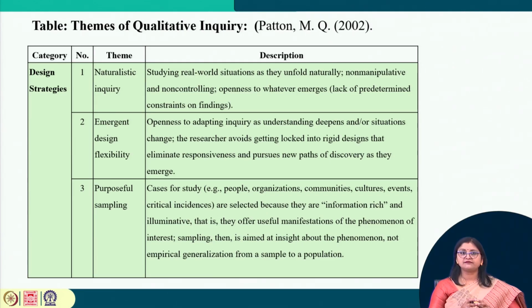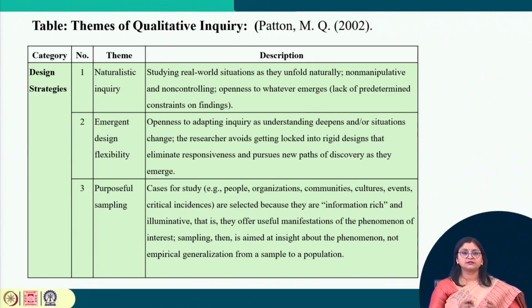Then emergent design flexibility: openness to adapting inquiry as understanding deepens or the situation changes. The researcher avoids getting locked into a rigid design that eliminates responsiveness and pursues new paths that emerge.